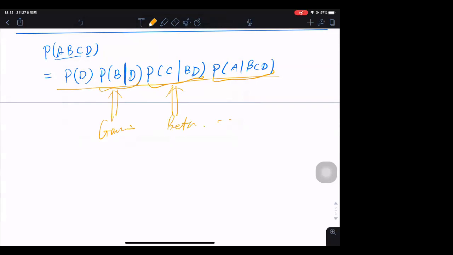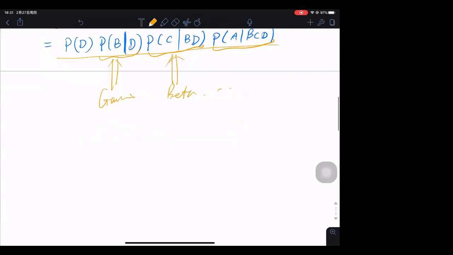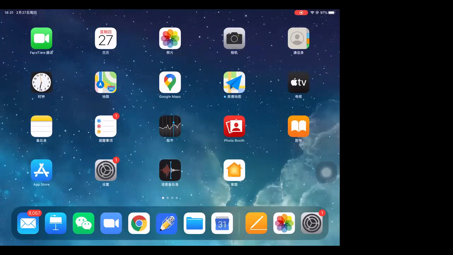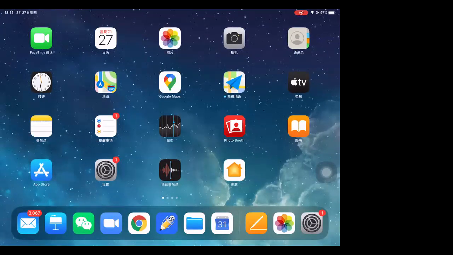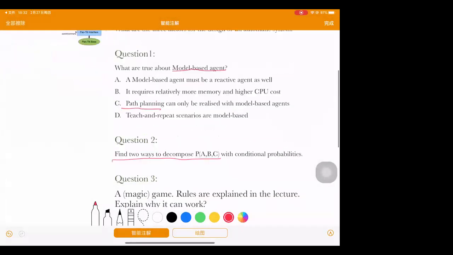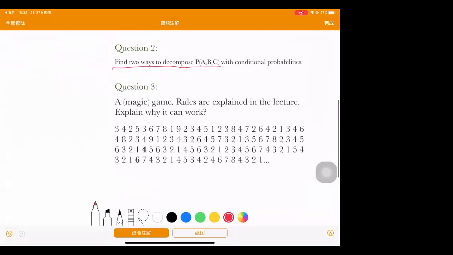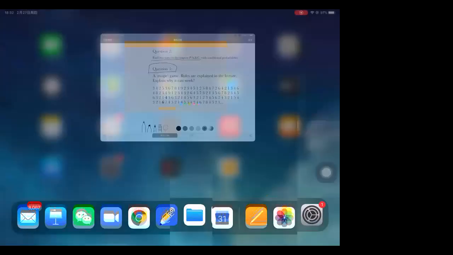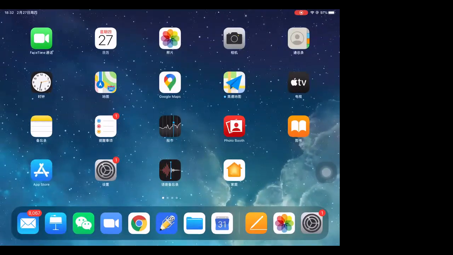And this is very powerful too. Later during this semester, you will see it's quite useful. Okay, so that's the decomposition. We leave question 3 for later. This is a mathematical game. Let's go back to the lecture first.